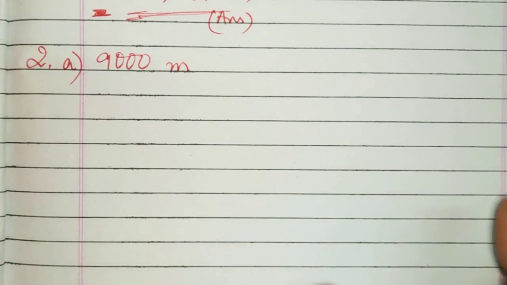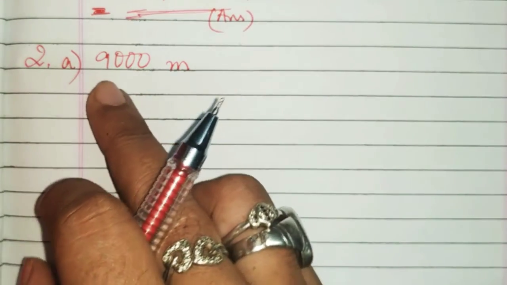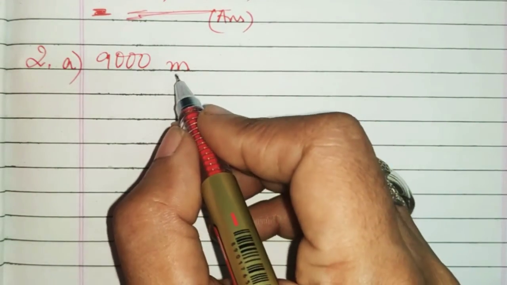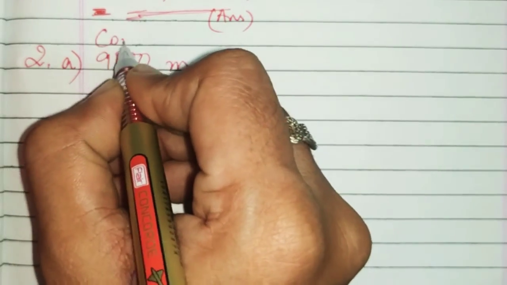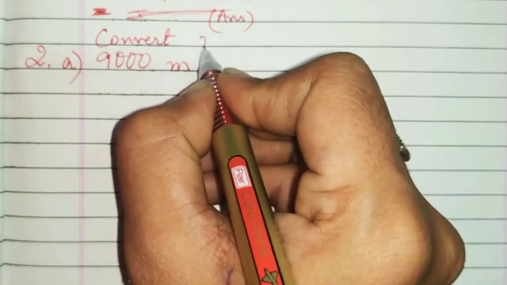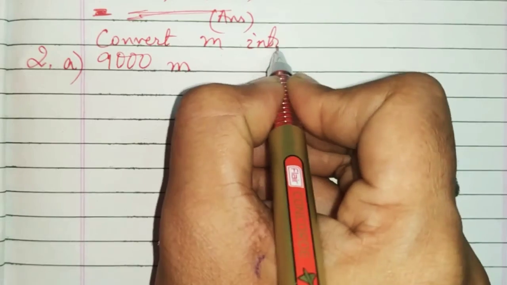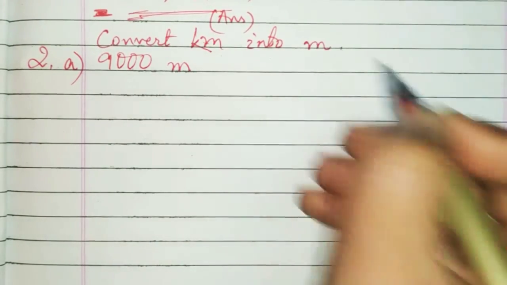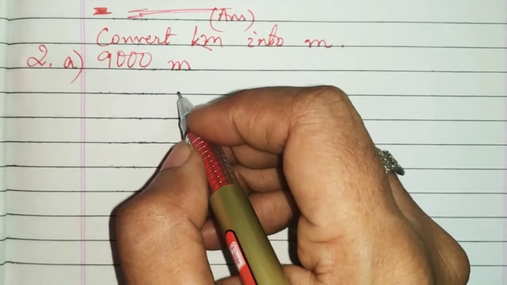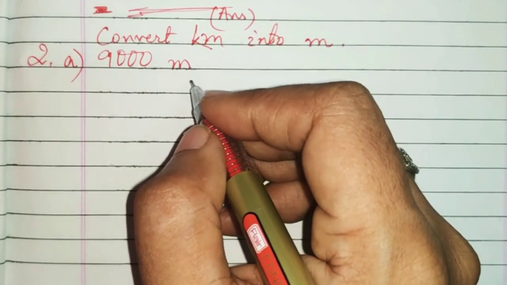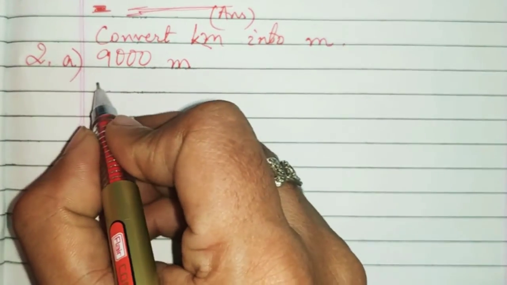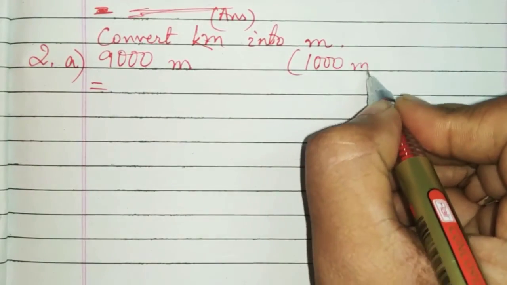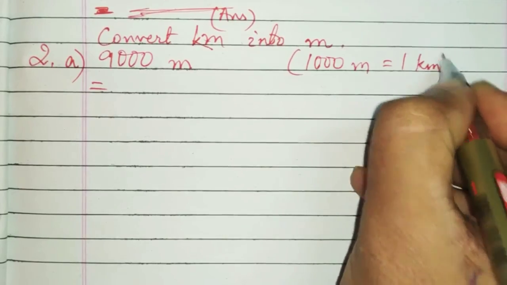Okay, let's see one more example of number 2. Here we are converting meter into kilometer and meter. Okay, so let's see how it is. As you remember, 1000 meters is equal to 1 kilometer.